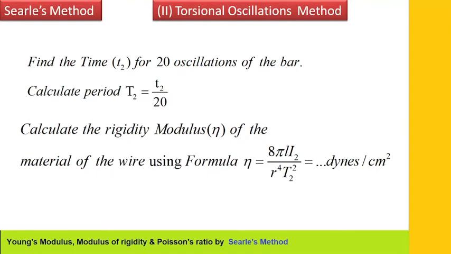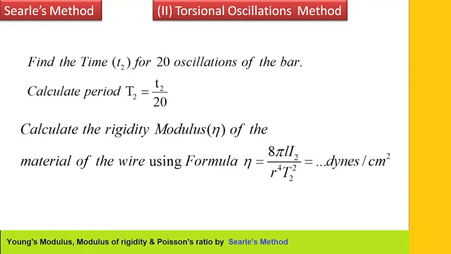Again find the time for 20 oscillations of the bar and calculate the time period capital T2, which is equal to small t2 divided by 20, that is the time taken for performing 20 oscillations. How much time is being taken for performing 20 oscillations, and that is the time period.